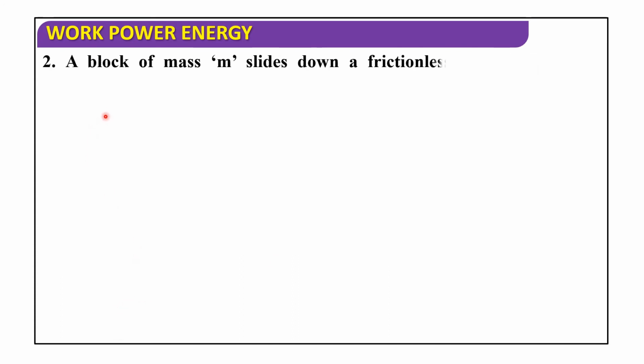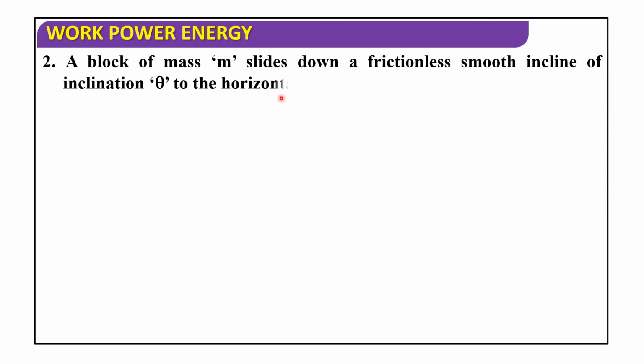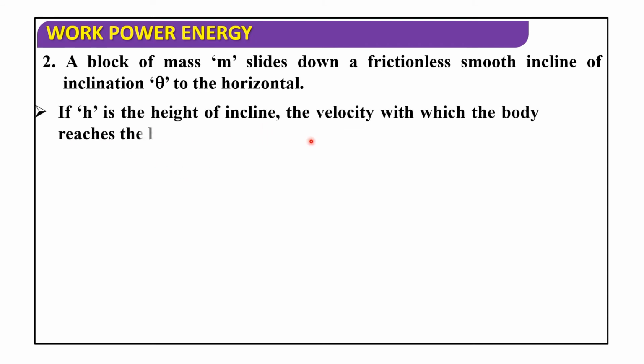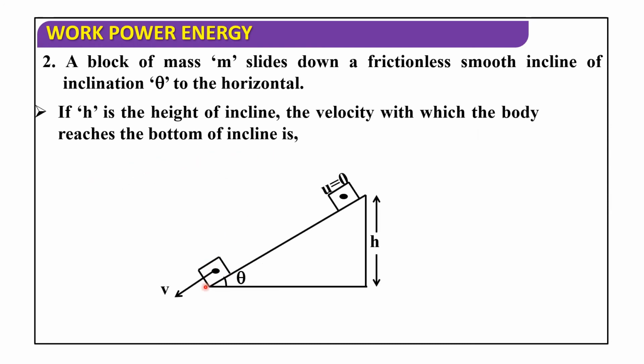Next, the second one. A block of mass m slides down a frictionless smooth incline of inclination theta to the horizontal. If h is the height of the incline, the velocity with which the body reaches the bottom of the incline is, here this is the inclined plane and this is h, the height of the incline. Now a block is moving with initial velocity u, final velocity v, and the inclined plane makes an angle theta.